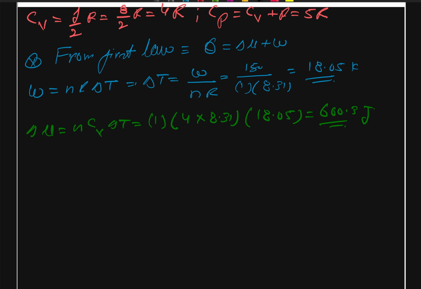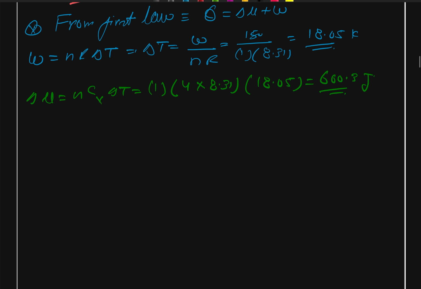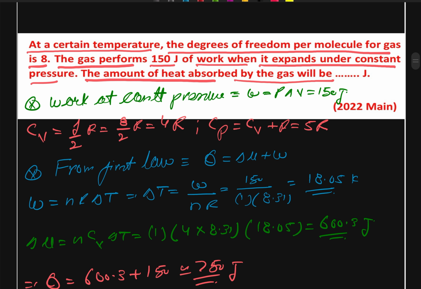Now we can find our Q. The heat Q is 600.3 plus work done, which is 150. So this comes approximately to 750 joules. So it will be equal to 750.